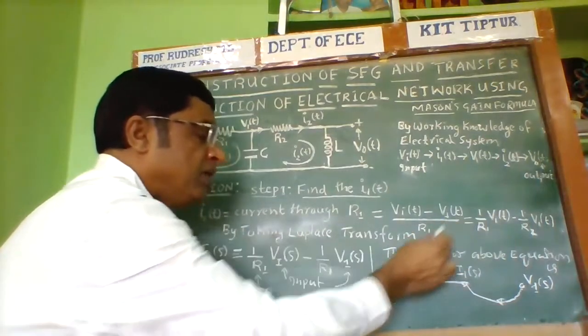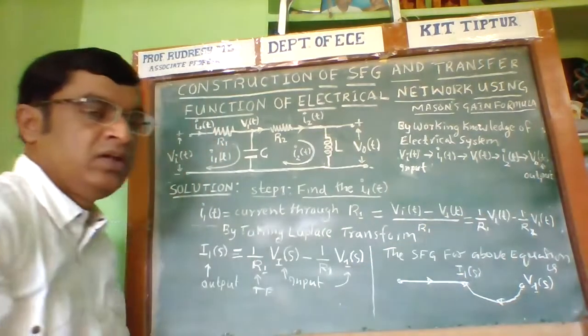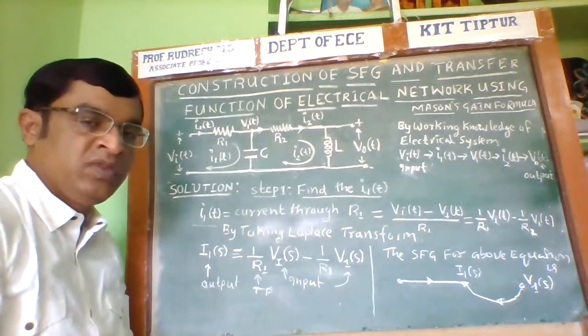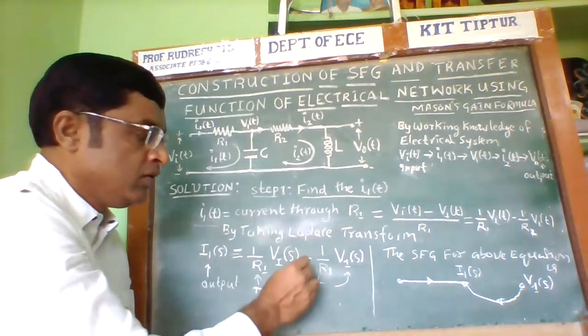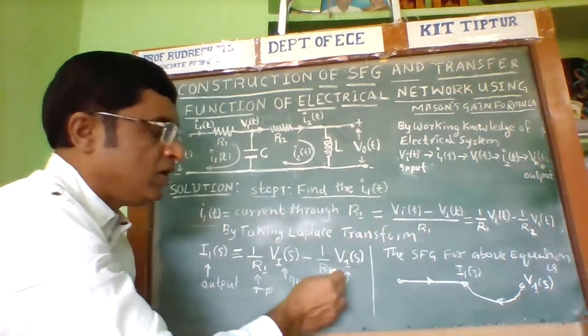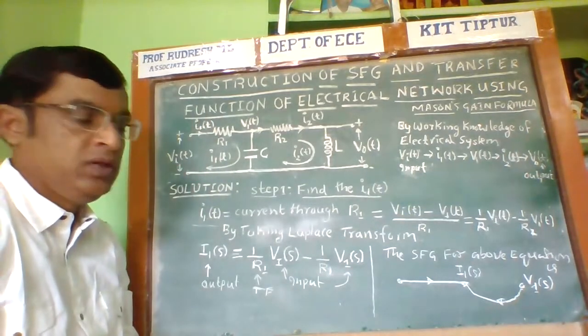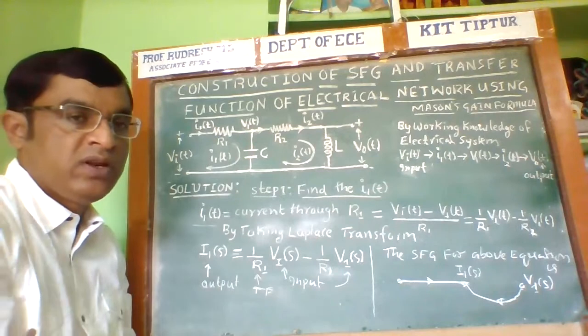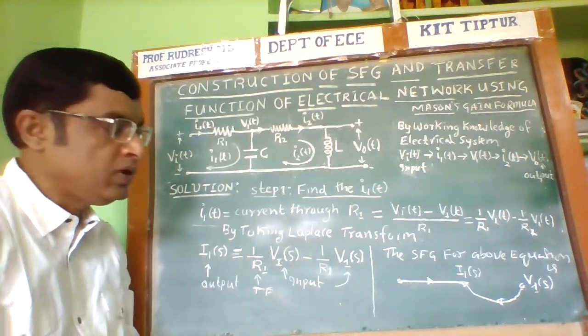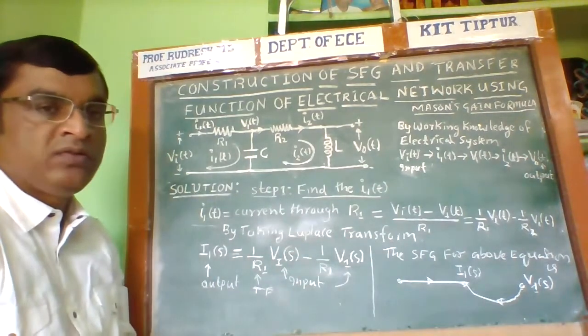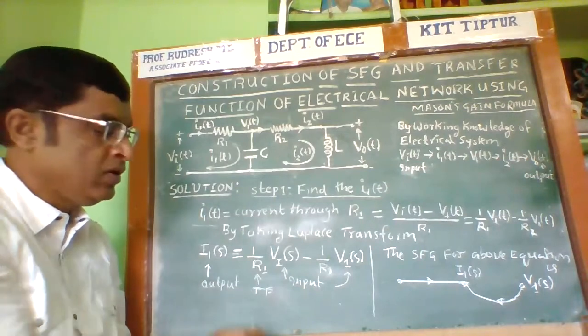When I take the Laplace transform, VA of t becomes VA of s minus 1 by R1 into V1 of s. This is the algebraic equation we get after taking the Laplace transform.